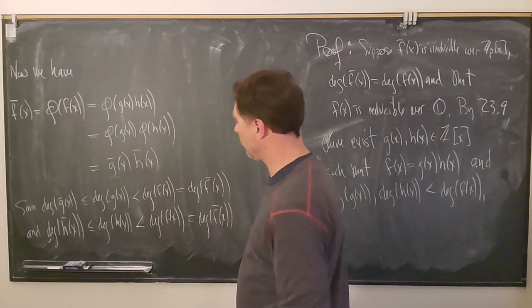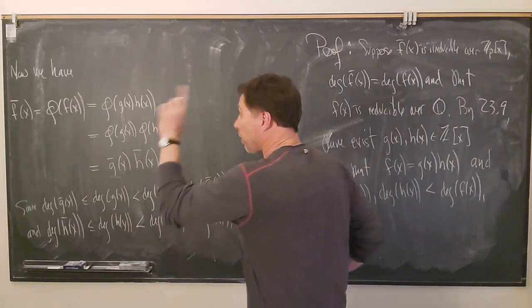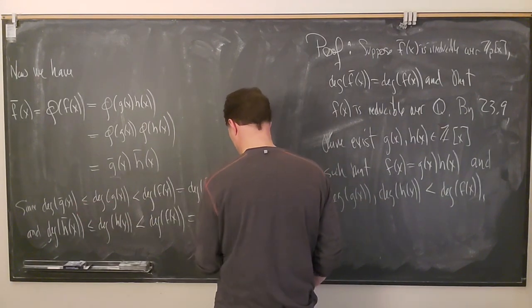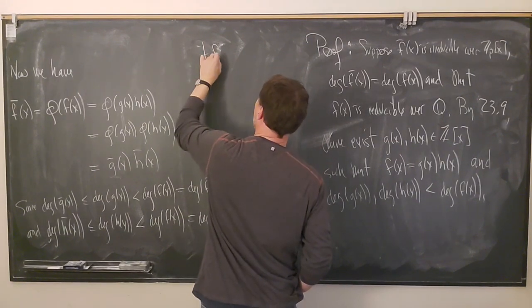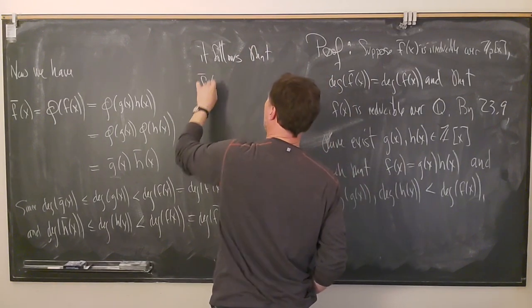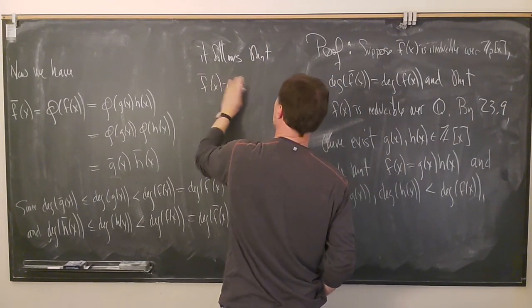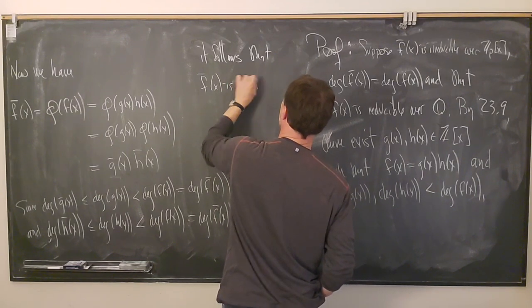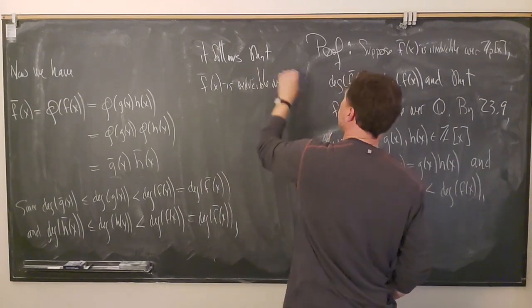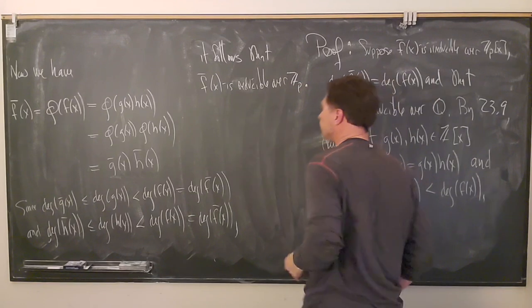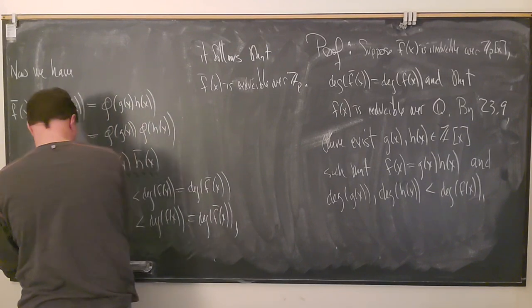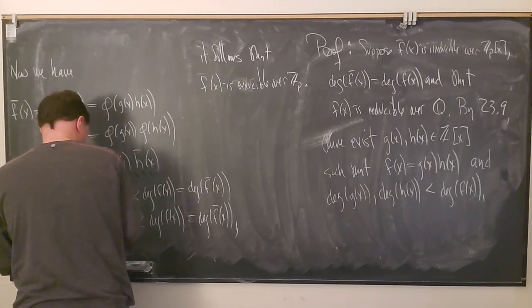It follows that f bar of x is reducible over Zp. That's a contradiction. All right, so that completes the proof.